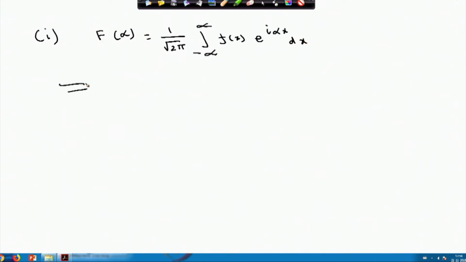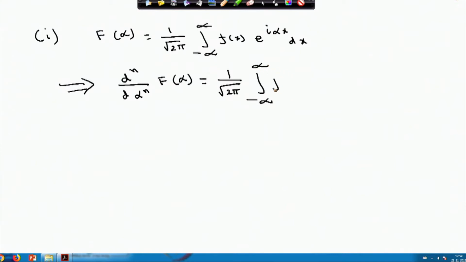Therefore, if I take d n d alpha n of F alpha, this equals 1 by root 2 pi, integral from minus infinity to infinity of f x into, each time you are making the derivative, so at the nth time, directly it will be i x whole to the power n into e to the power i alpha x dx.